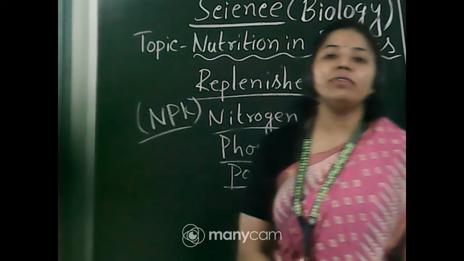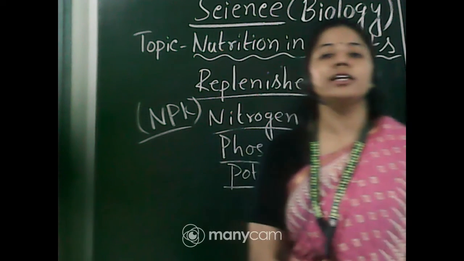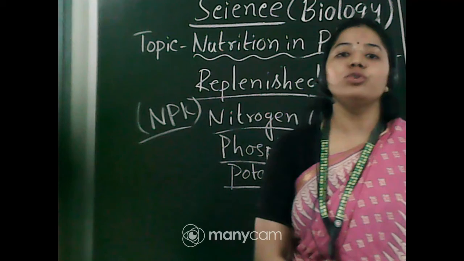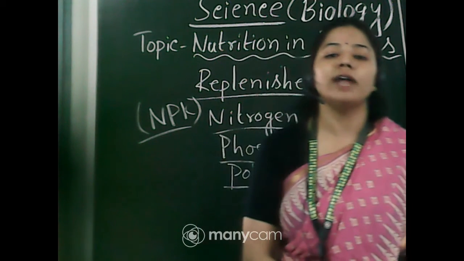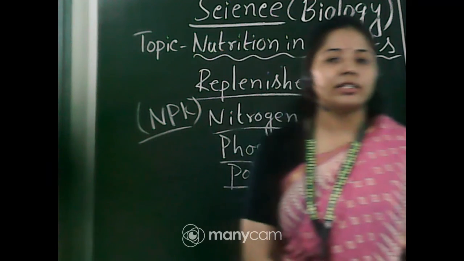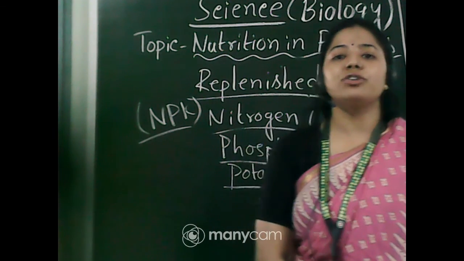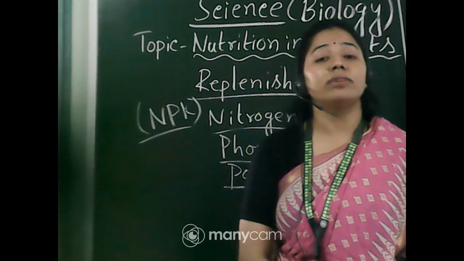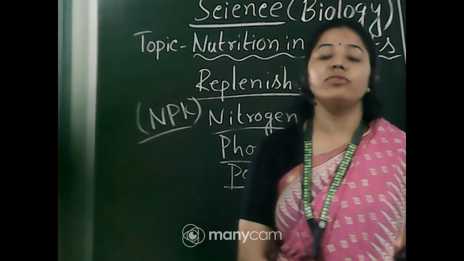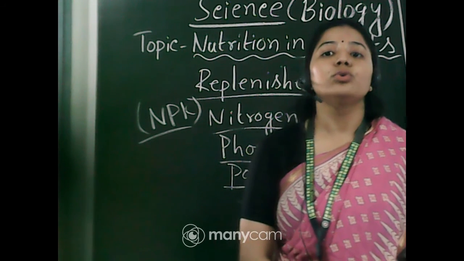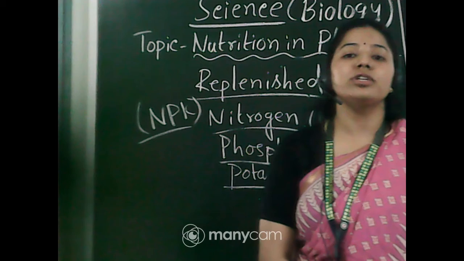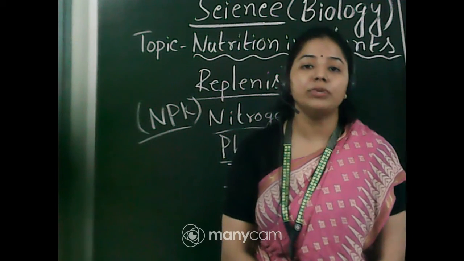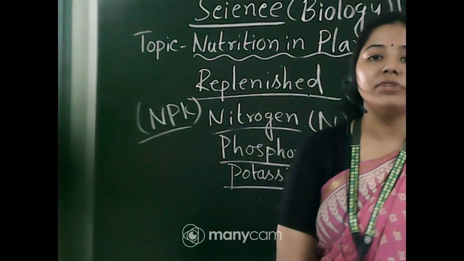As I told you in the previous class, the root nodules of leguminous plants like pulses, beans, peas contain nitrogen fixing bacteria known as rhizobium, azotobacter, etc. These bacteria help to change the gaseous form of nitrogen into soluble form or nitrate form, so that nitrate form of nitrogen can be utilized by the plants.